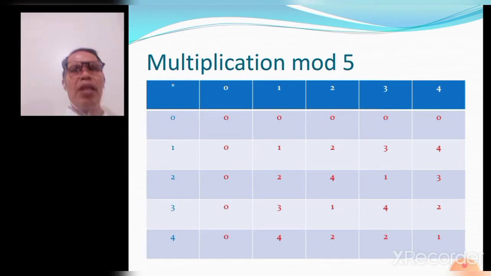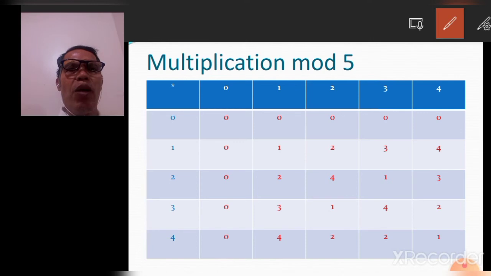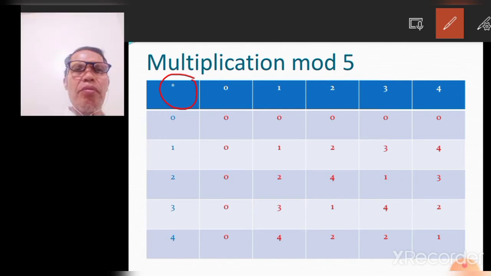Okay, how about the tabulation of multiplication modulo 5? The elements of addition modulo 5 must be the same for multiplication modulo 5 because the modulo number is 5, so 5 minus 1 is 4, the same arrangement. The only difference is in the upper left-hand corner, we have the asterisk symbol, which is the symbol for multiplication, so the operation is multiplication.